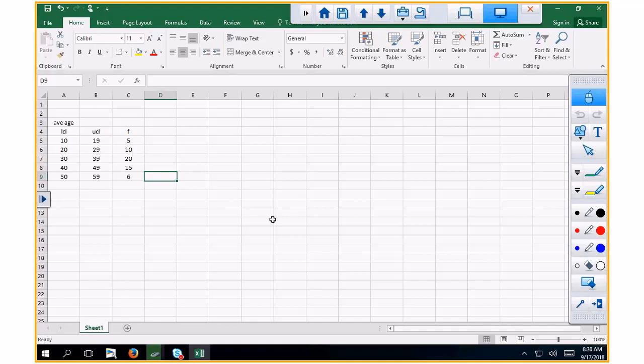Okay, so the two formulas that we care about, I hope this works, because last time it didn't.